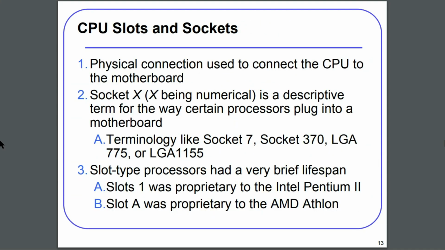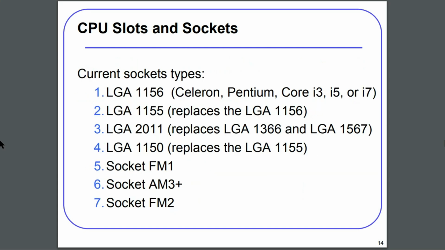In this slide we can see the CPU slots and sockets. This is the physical connection used to connect the CPU to the motherboard. Socket X is a descriptive term for the way certain processors plug into a motherboard, with terminology like socket 7, socket 370, LGA 775 or LGA 1155. Slot type processors had a very brief lifespan. Slot 1 was proprietary to the Intel Pentium 2, and Slot A was proprietary to the AMD Athlon.